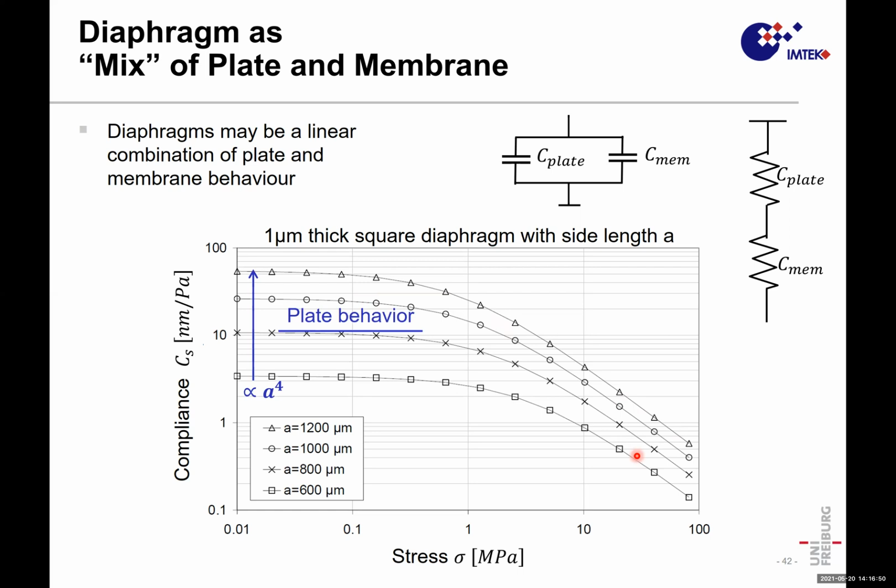So we see basically that we have a plate behavior, where the compliance is proportional to the area, and we have a membrane behavior, inversely proportional to the stress that we apply. And then sensitivity again proportional to the area squared. And in between is a little bit from both worlds.